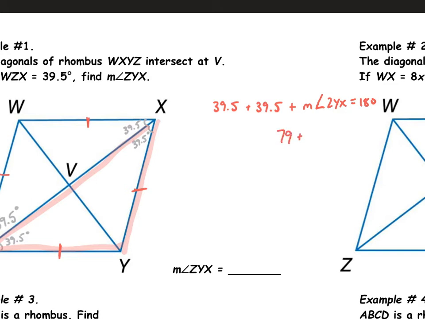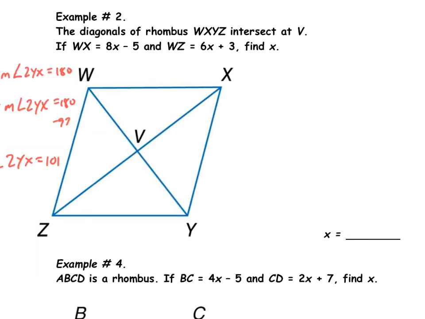So 79 plus the measure of angle ZYX is 180. I'm going to subtract the 79 from both sides, and I get that the measure of angle ZYX is 101 degrees. And I'm finished.